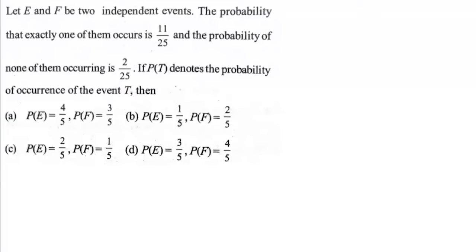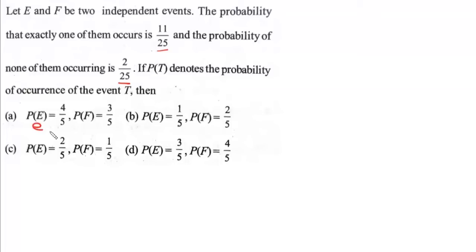Now here the question is, let E and F be 2 independent events. The probability of exactly one of them occurring is 11 by 25, and the probability of none of them occurring is 2 by 25. If P(T) denotes the probability of occurrence of the event T, then we have to find the values of P(E) and P(F).